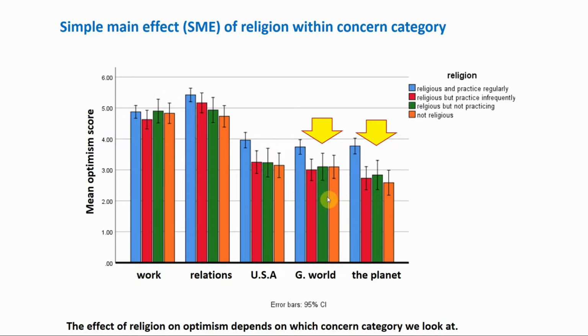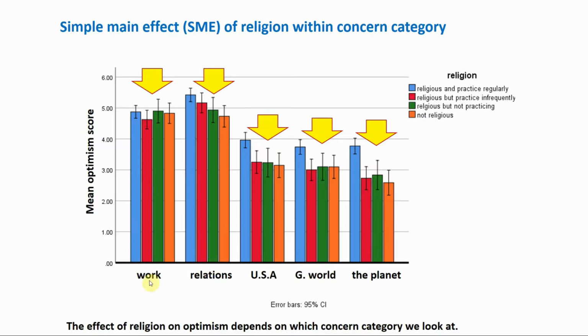You run the one-way independent ANOVA, and if that is significant, you're going to have to follow it up with post hoc tests to see which mean is different from which. And then you keep doing that. So now you would move over to this group, and you would run another one-way independent ANOVA. And if that ANOVA is significant, follow it up with your post hoc tests. Then you do the same thing here and the same thing here.